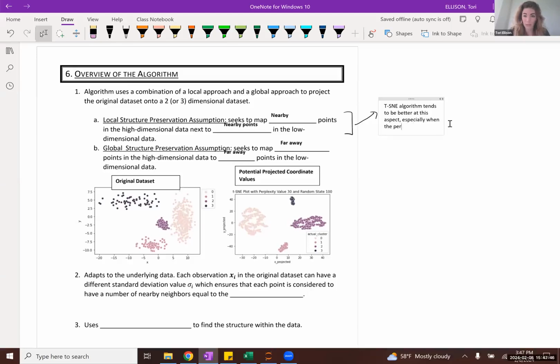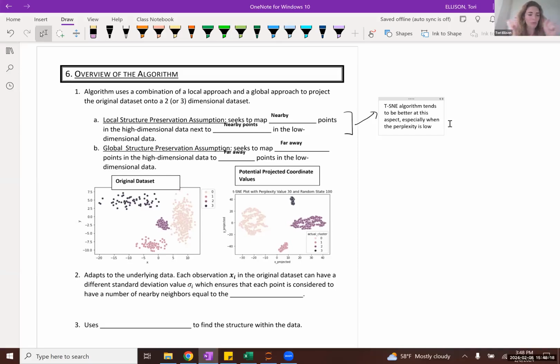Especially when the perplexity is low, the algorithm tends to be a lot more effective at mapping what are considered to be nearby points in the original data set to nearby points in the low dimensional data set. On the other hand, if two points are far away from each other in the high dimensional data set, they're not necessarily guaranteed to be super far away from each other in the low dimensional data set.